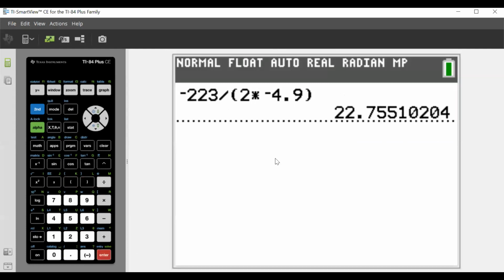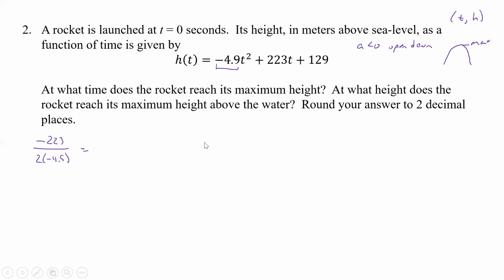And we get 22.755, but to round to the nearest hundredth is 22.76. So that was equal to 22.76. And again, the time, so that's in seconds. Okay, so we have 22.76. And then we want to find h of 22.76.